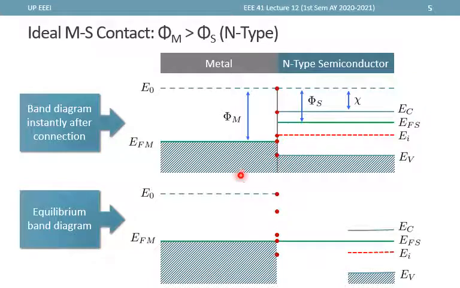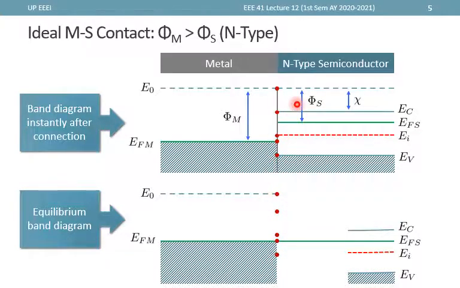So what these dots basically represent, the energy levels at this interface, must be the same whether in equilibrium or not; these energy differences must be maintained.